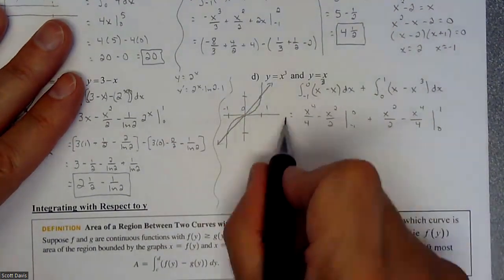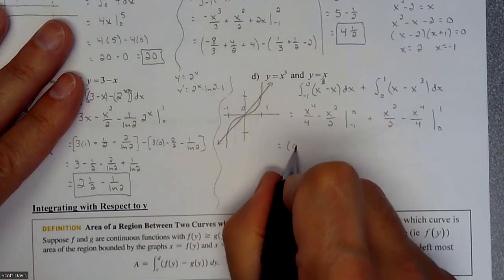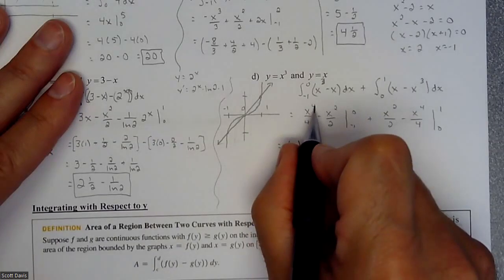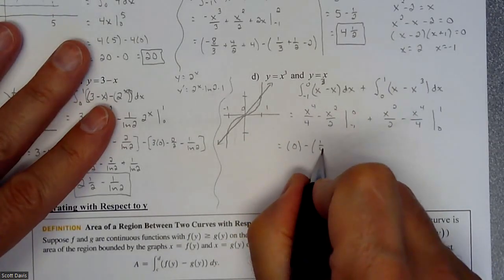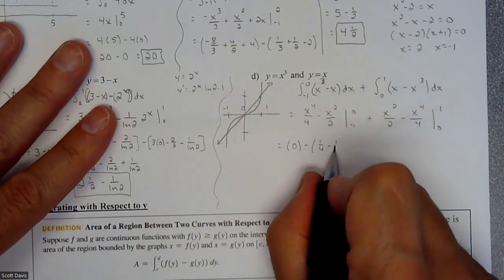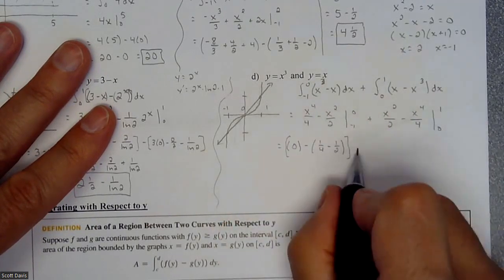All right, so if we plug in 0 into this, that's going to be 0. Minus, we're plugging in a negative 1, so negative 1 to the fourth is going to be a 1. So 1/4 minus, plug in a negative 1, so that's going to be a 1/2. So that's that first chunk.